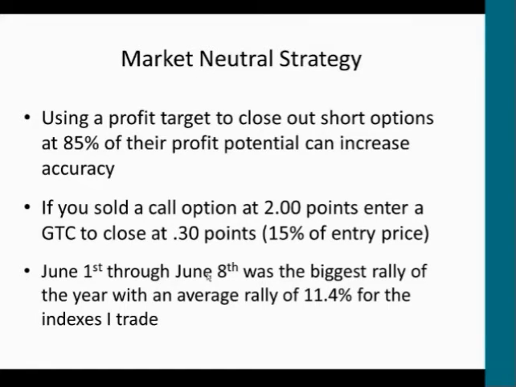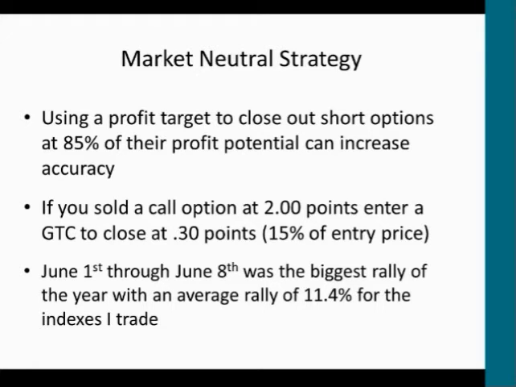And the indexes I trade in this market neutral strategy had an average rally of 11.4%, but because I used these profit targets in the market during this period, June 1st through June 8th, I was able to close out both my long and short positions at these profit targets, and over 90% of the trades were profitable.